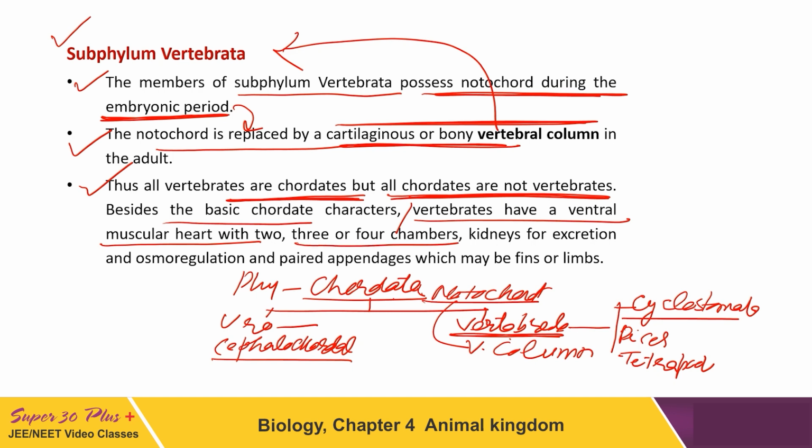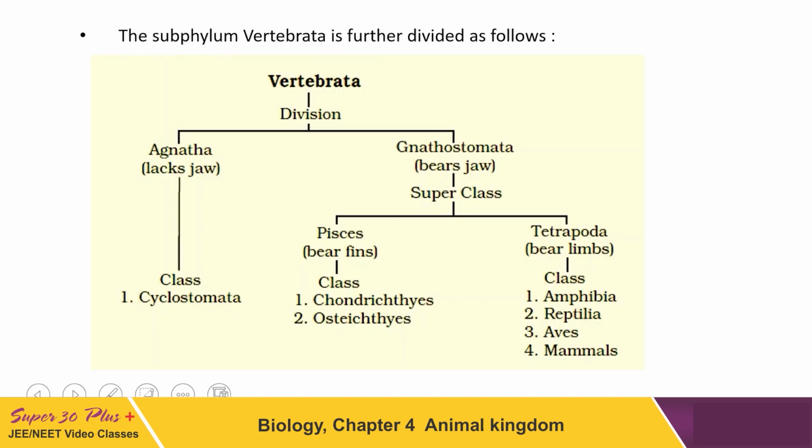The 2, 3, 4 chamber hearts are there. Kidney for excretion and osmoregulation, and paired appendages are there, which may be fins or limbs. These are some additional characters of subphylum vertebrate. Okay, come to the next now.